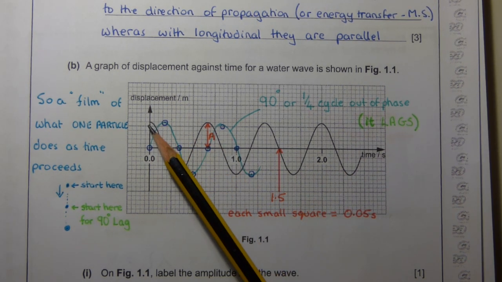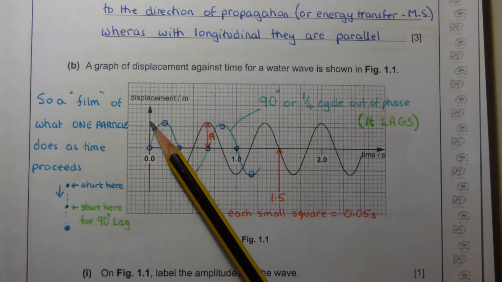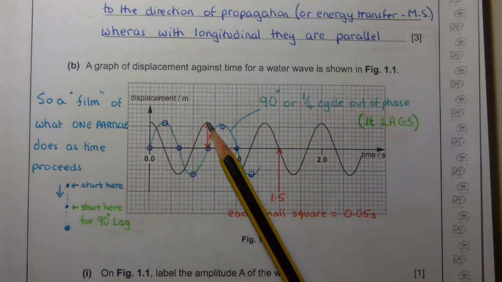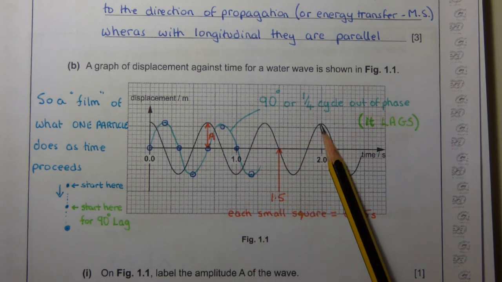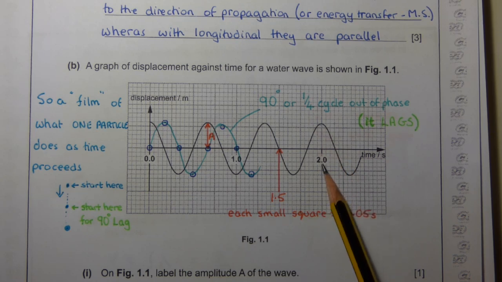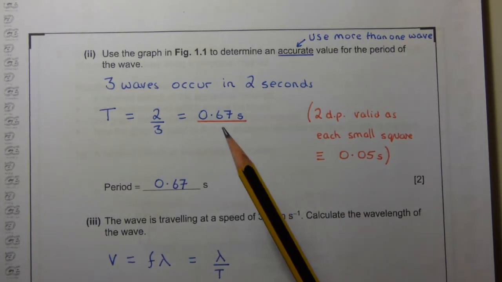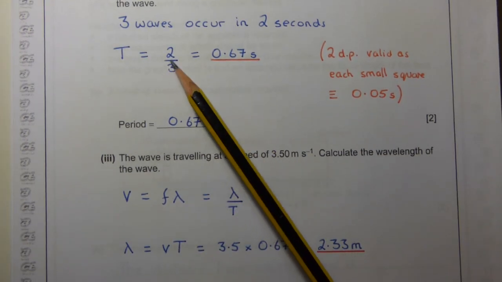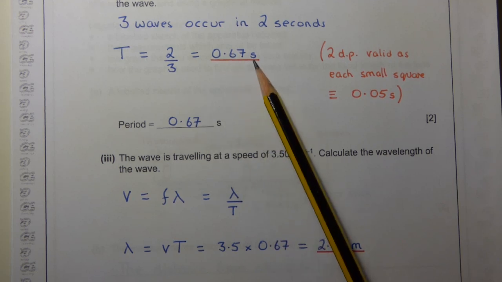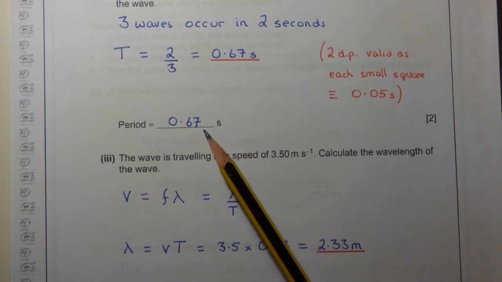So we start there. I'm going to assume that the start of that wave is accurate, and then there's 1 wave, and 2, and then 3. I'm going to simply say that that takes 2 seconds to occur. So 3 oscillations in 2 seconds. That means the periodic time is 2/3, 0.67 seconds, and that's what they want you to give.